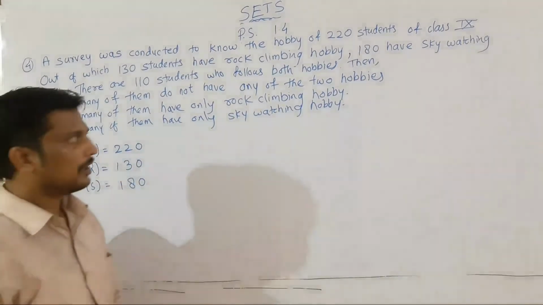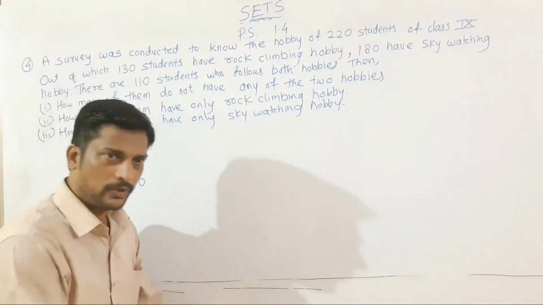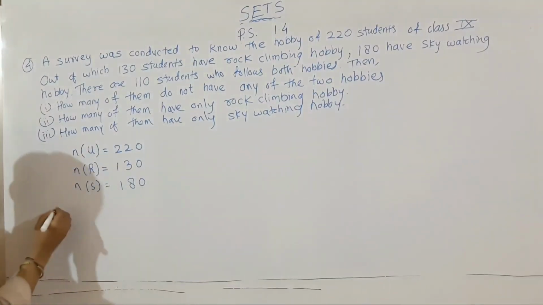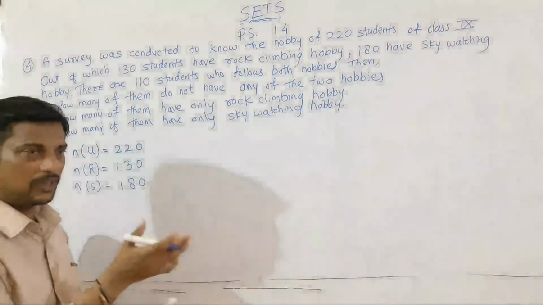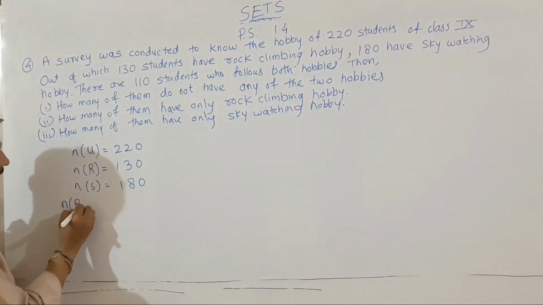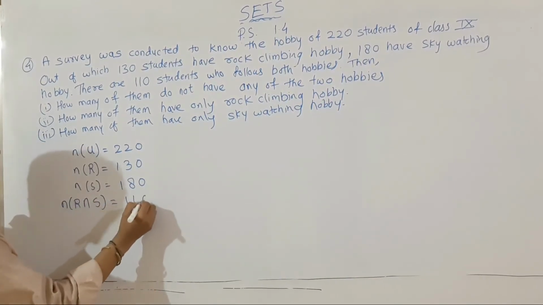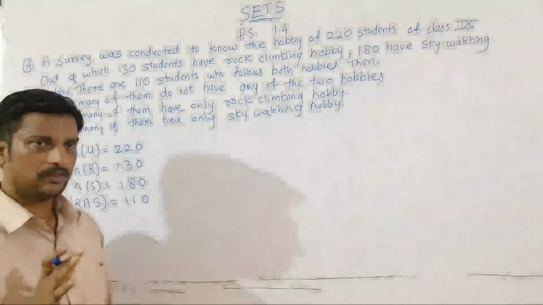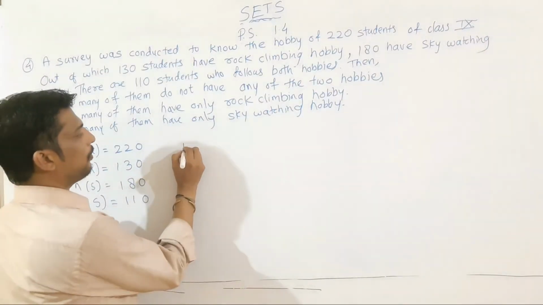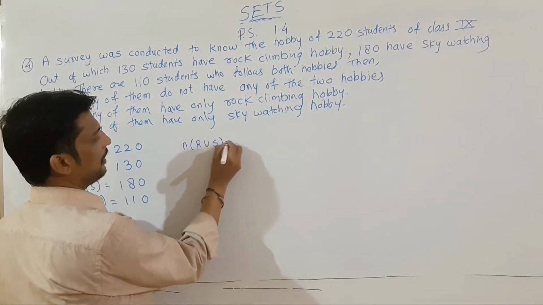Now here 110 students are like that who follow both the hobbies. Now both the hobbies means what? They are common in between these two. Now common means what? Number of R intersection S is what? 110. So till now I got this. Now I will use that formula of number of R union S. That is what?